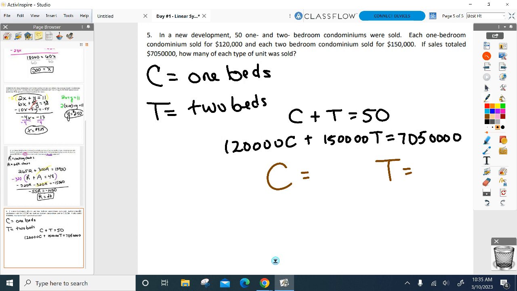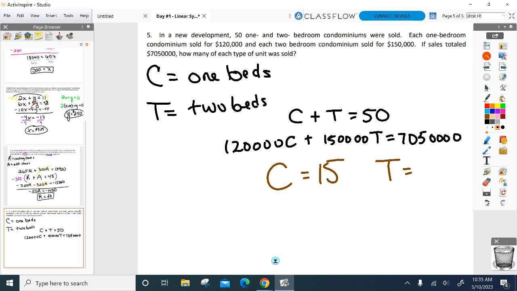I've got 15 one-bedroom? Yep. And there's got to be 50 total.